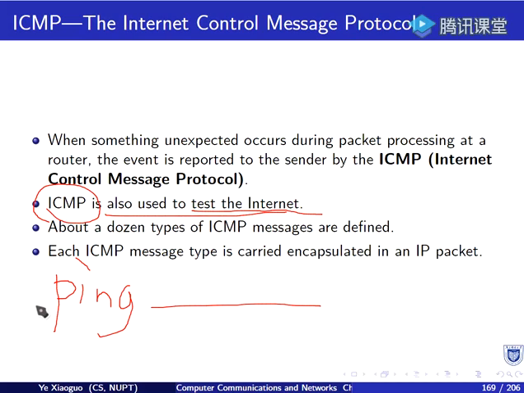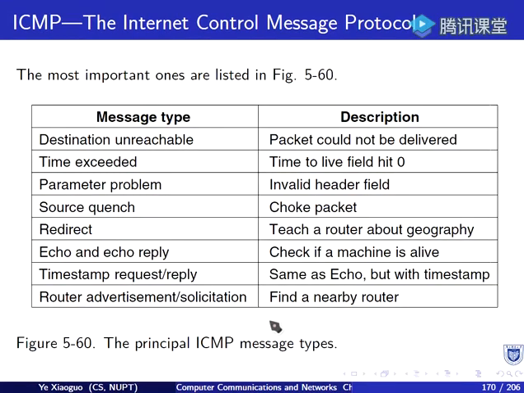About a dozen types of ICMP messages are defined. Each ICMP message type is carried encapsulated in an IP packet. The most important ones are listed in figure 60. Here are the message types, then the description of the function.